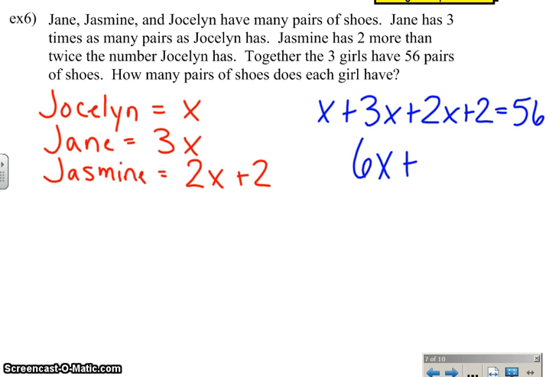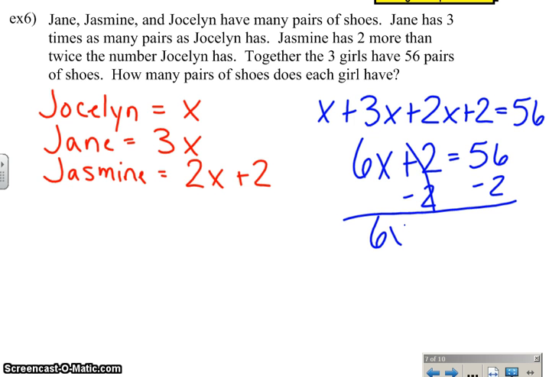We get 6x plus 2 equals 56. And now we're at a very simple 2-step problem. Undo the addition. Undo the multiplication. And we get an answer of x equals 9.